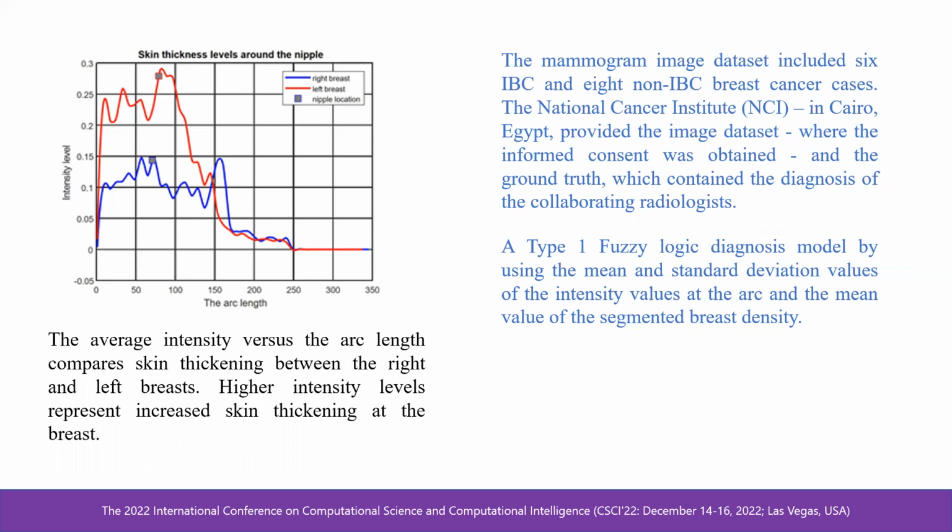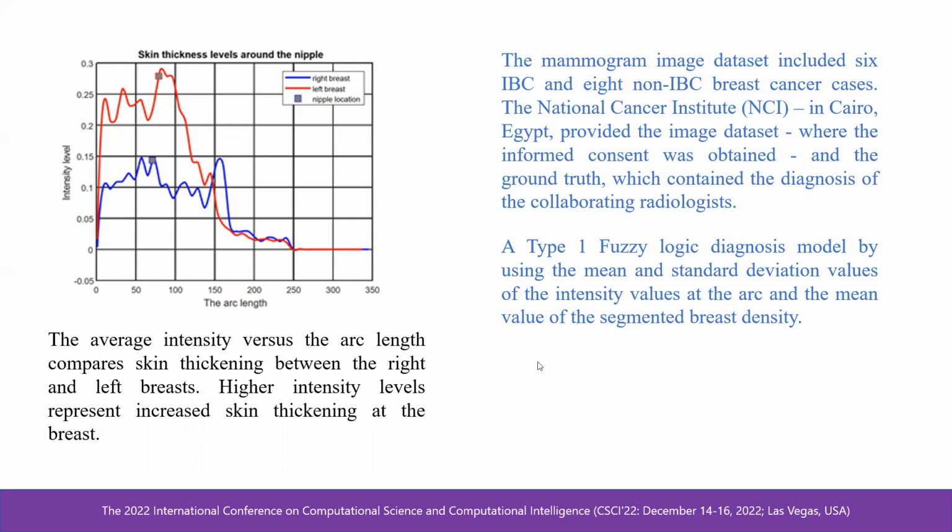Our database has mammogram images, and the image set includes 6 IBC and 8 non-IBC breast cancer cases. The images are acquired by the National Cancer Institute in Cairo, Egypt, and the group obtained the informed consent and the ground truth in the institution.